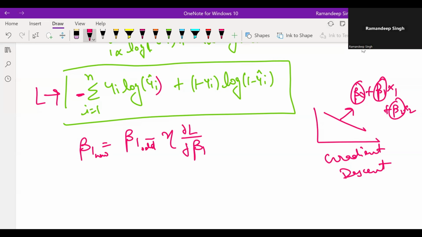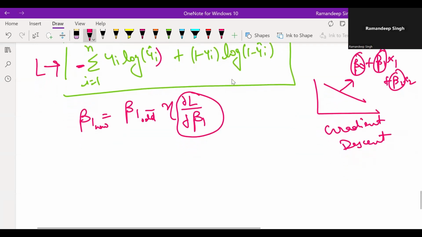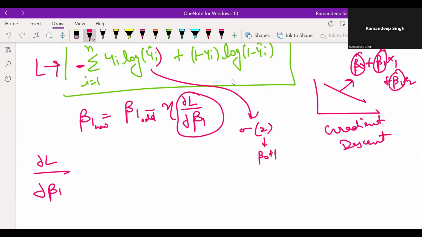So let's try to calculate this value for our update rule. What is del L by del beta 1? And mind it, yi hat is nothing but the sigmoid of z, and z is beta naught plus beta 1 x1 plus beta 2 x2. I have explained this earlier in detail, right?